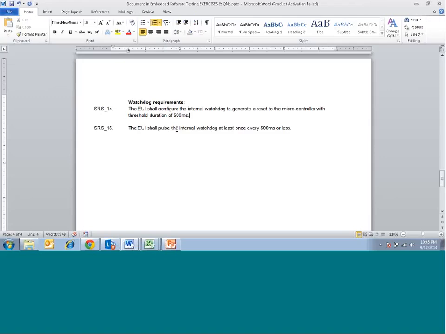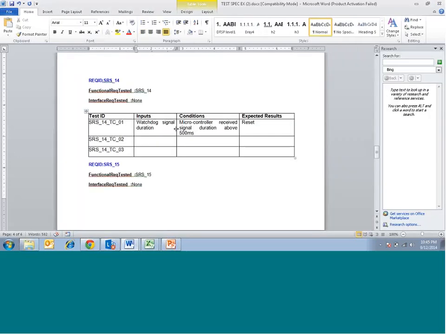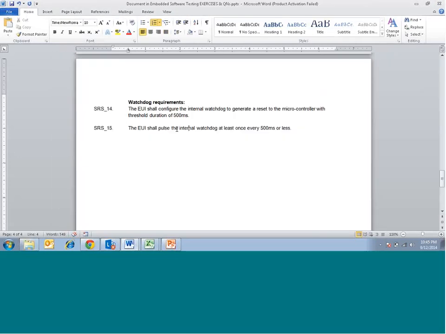Okay. So here, the cases we need to verify: first one is to verify the configuration of the watchdog. This can be validated theoretically, by seeing the code, or by seeing the registers. Dynamically we can validate by capturing the pulse of the watchdog.